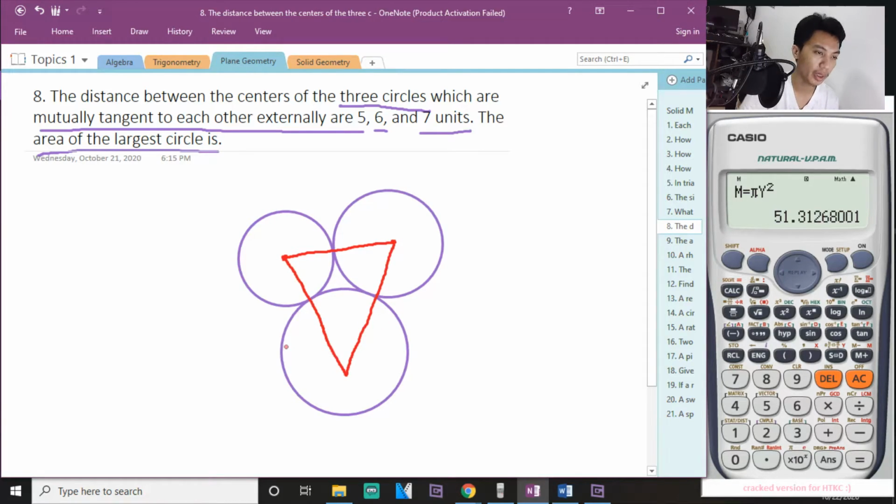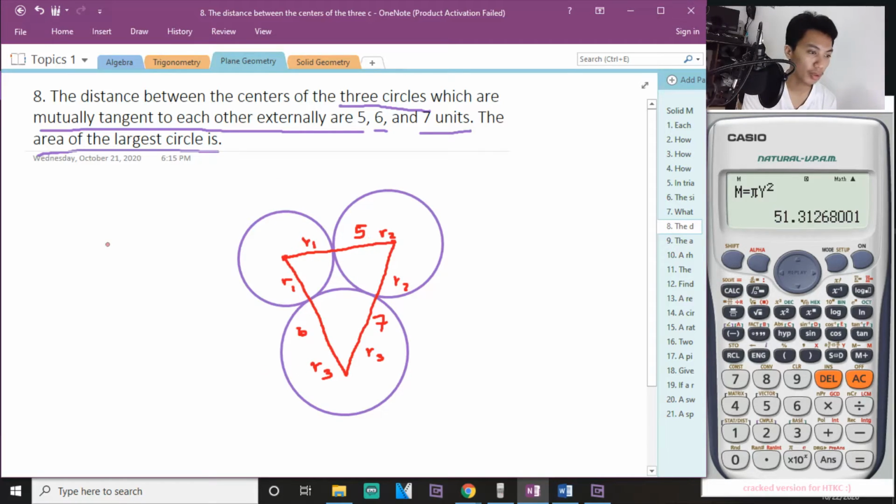Ayan, ganyan drawing. So, externally tangent and then yung distances between them is 5, tapos 6 and 7. Pero that doesn't mean na yun yung kanilang radius. So, this will be R1, R1, R2, and then R2, R3, R3.